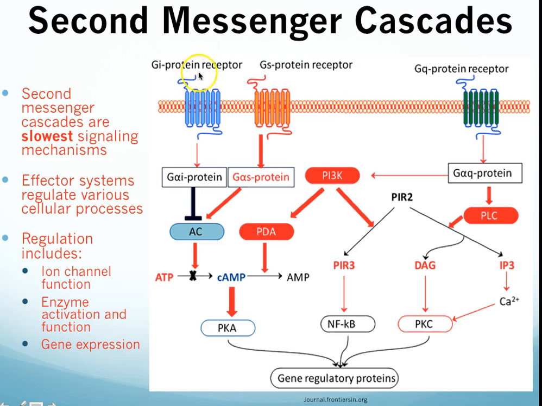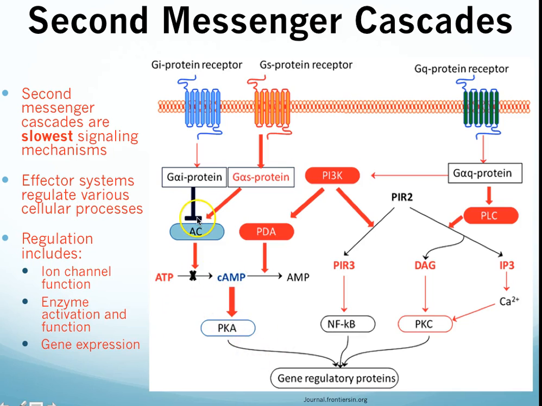Whereas with the Gi pathway, what this does is it shuts off adenylyl cyclase. This black bar here shows that we're blocking this. So we're reducing the ability of ATP to get converted into cyclic AMP, which is required for PKA activation.